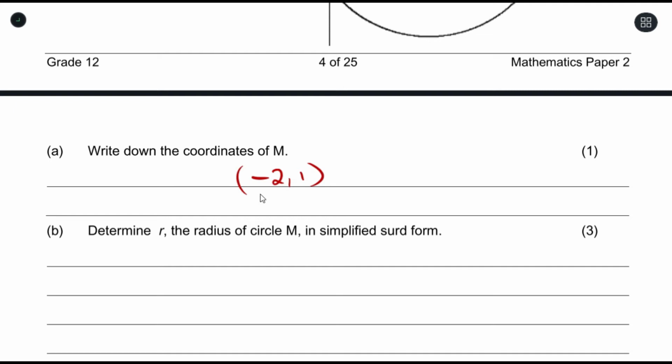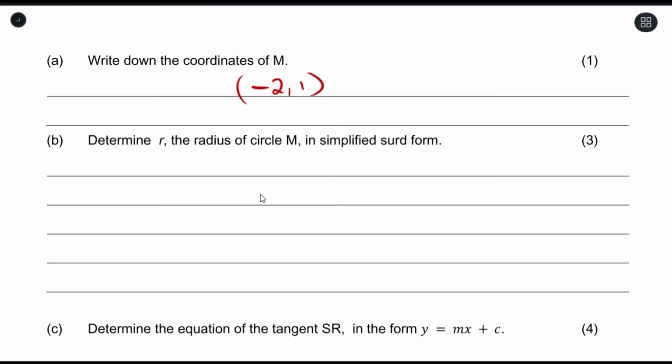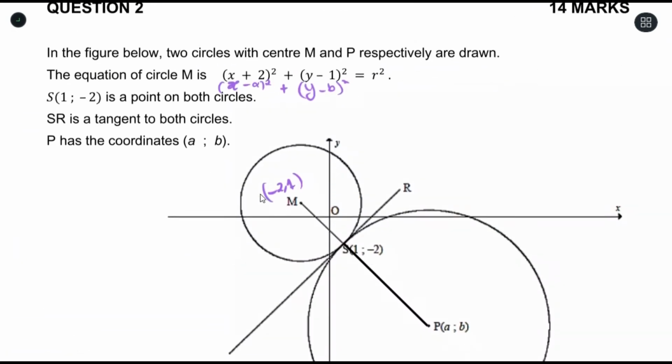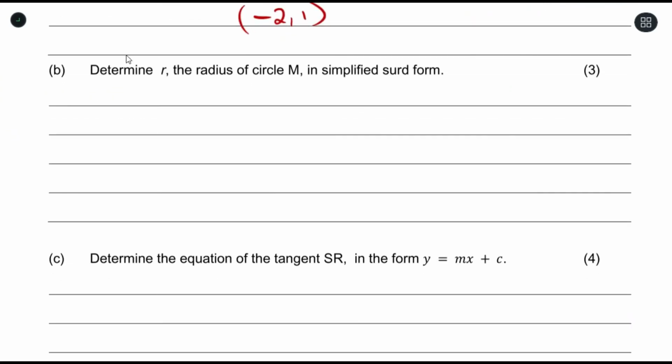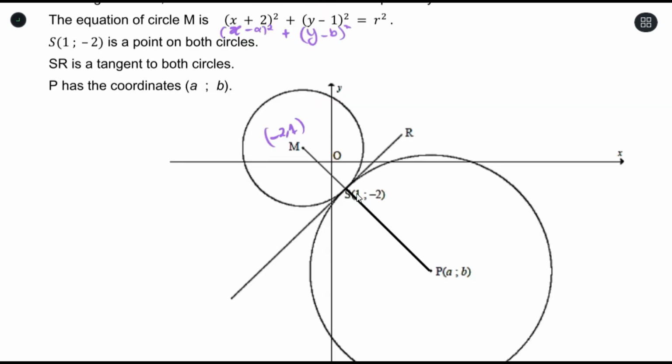Now for B, it asks us to determine the value for r, the radius of the circle M, in simplified surd form. So we just need to rewrite our equation. We also know the point S is on the small circle.